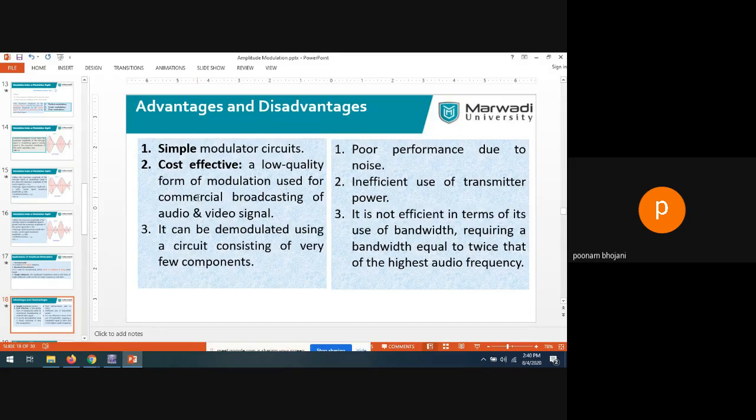The disadvantages of AM: first, poor performance due to noise. Whenever you are using amplitude modulation, noise can be there, so the performance of this circuit is not that good for all applications. In some applications it works well, no problem, but in some applications like long distance communication, the circuits sometimes do not work properly and do not give good performance. Second is inefficient use of transmitter power.